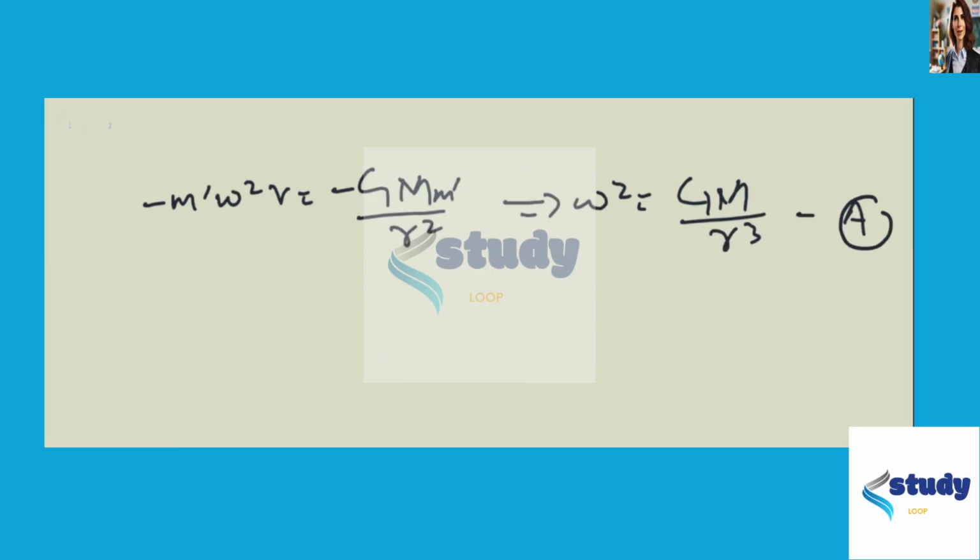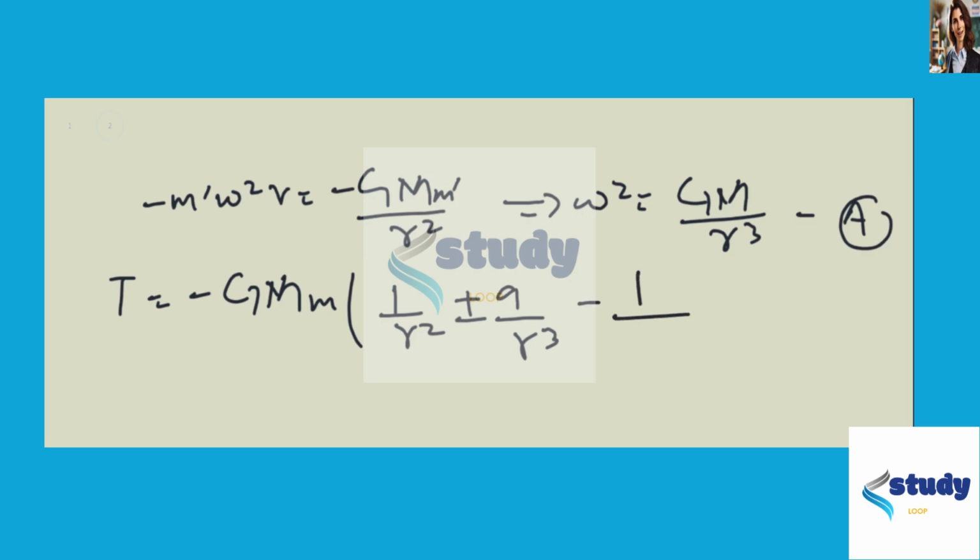So we'll insert equation A into 1, then solve for T. The T we get here is minus G capital M small m times (1 over (r plus or minus a) squared, minus (r plus or minus a) divided by r cubed).